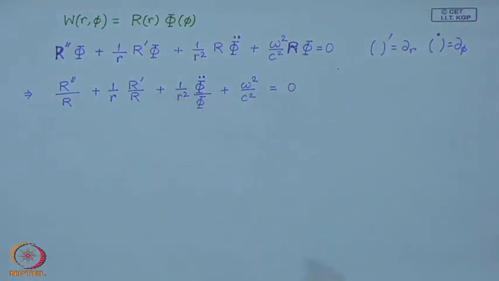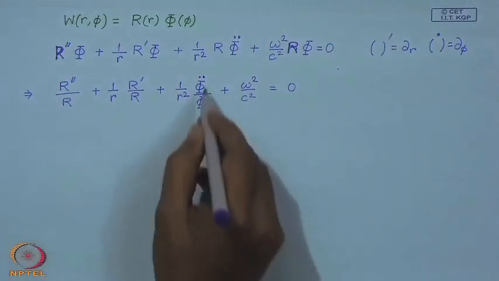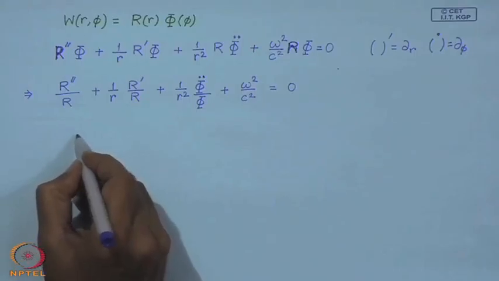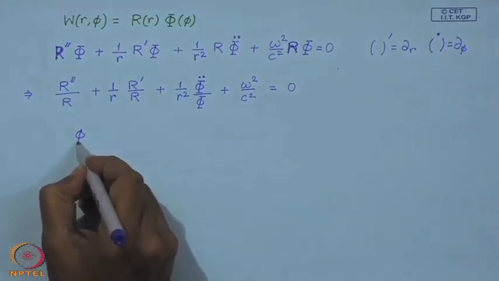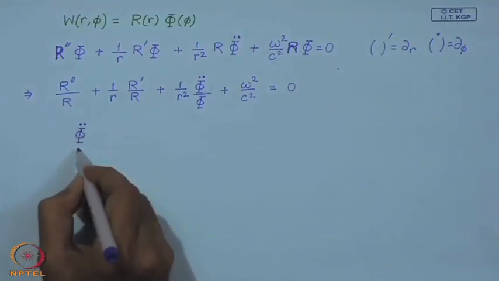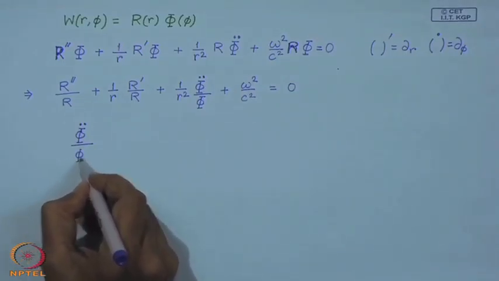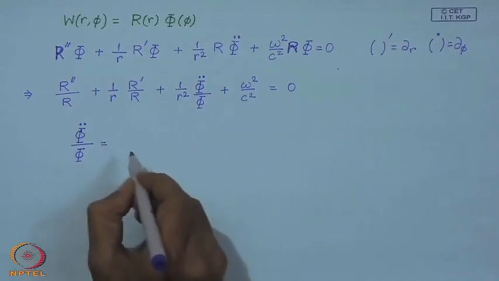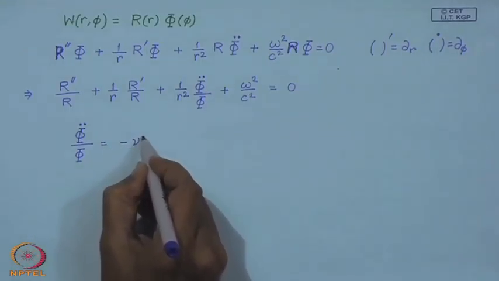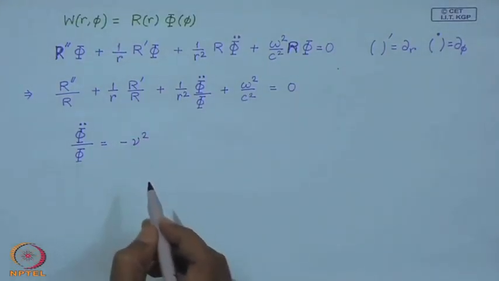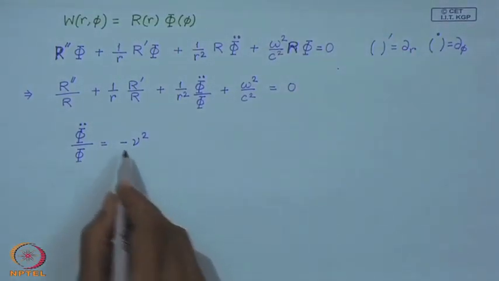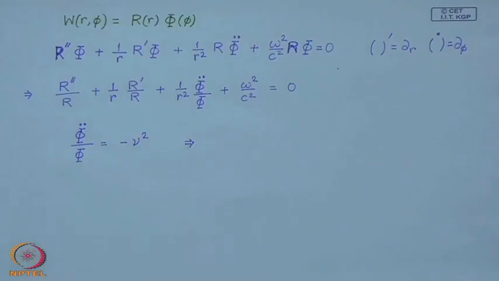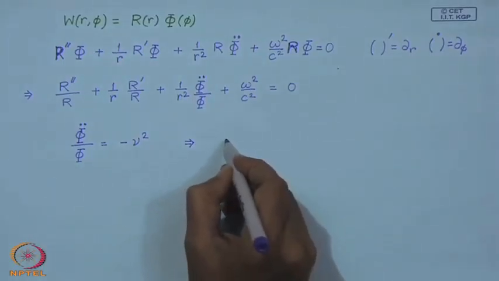Then it is natural that these are all constants. So, I will write it as minus nu square, for reasons that will be clear later.